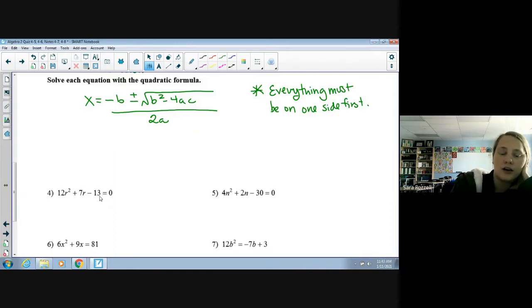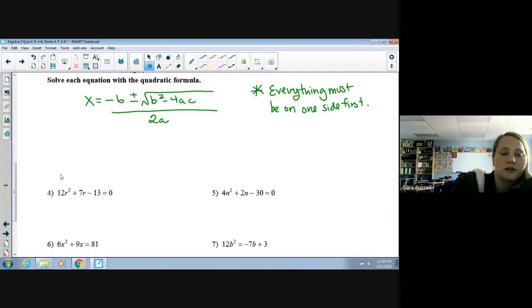So I'm going to go ahead and on number 4, identify what A, B, and C are. So this problem is 12r squared plus 7r minus 13 equals 0. Which one is the A? Y'all can mouth it. 12, good.